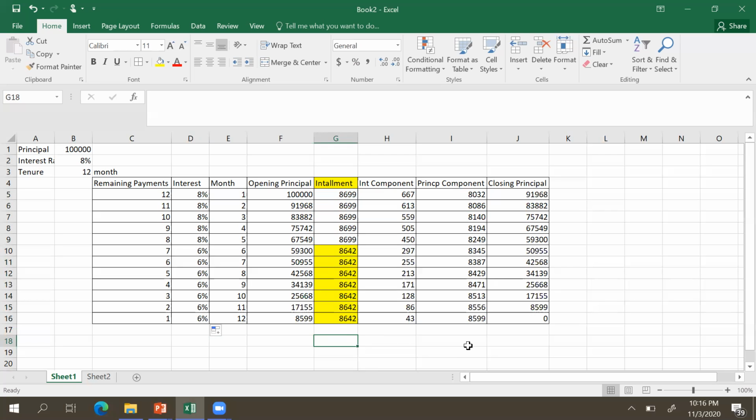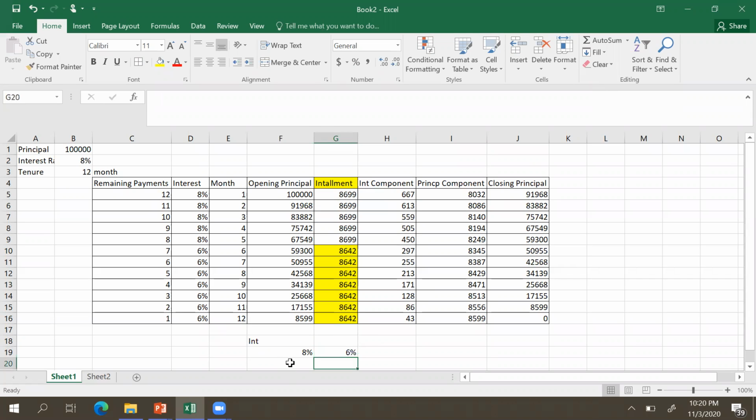So what impact is the interest rate having on your loan? Our interest rate reduced from 8% to 6%.